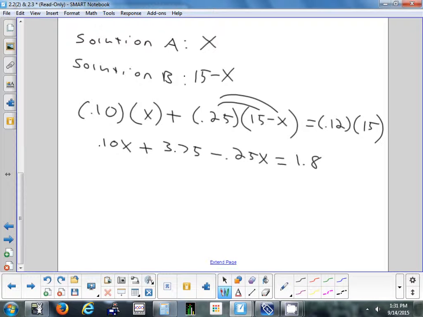So let's combine like terms and move the 3.75 to the other side. What's 0.1x take away 0.25x? Negative what? Yeah. Okay, that's going to be 1.8 minus 3.75.